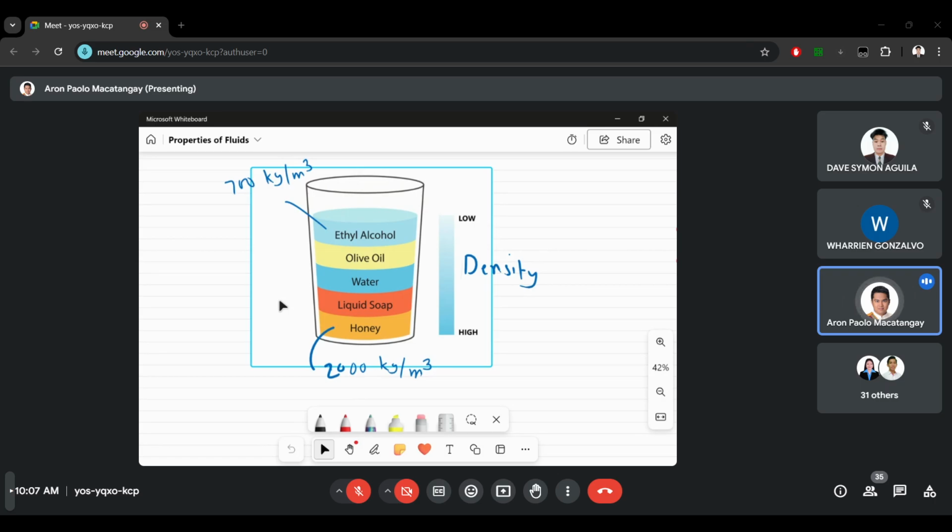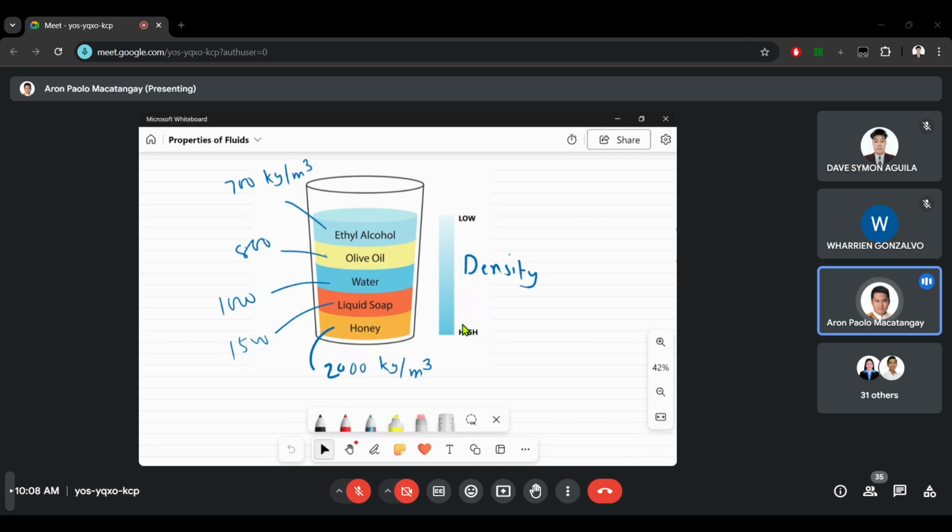Which means for each of these items, the density should be increasing. For example, ethyl alcohol is 700, then should just be around 800. Water is again 1000. Liquid soap is around 1500.